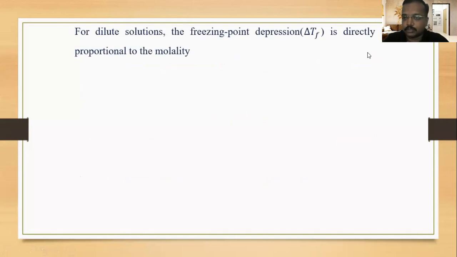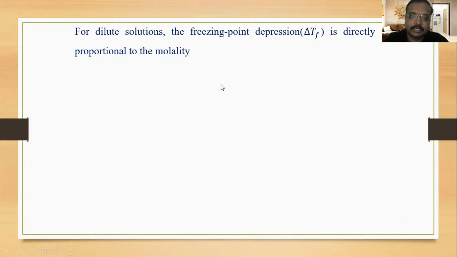For dilute solutions, as you know, the freezing point depression is directly proportional to molality. We have seen that the elevation in boiling point is also directly proportional to molality only.